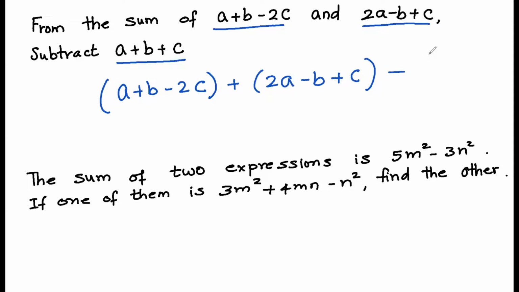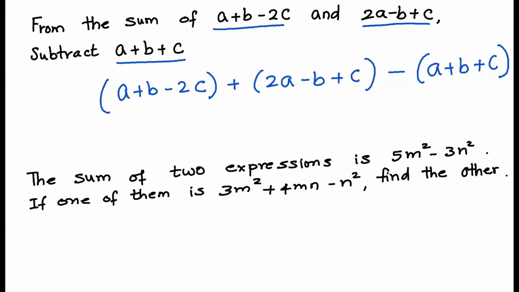Subtract a plus b plus c. So they want us to find the result of adding a plus b minus 2c and 2a minus b plus c, and from that sum, you subtract a plus b plus c.